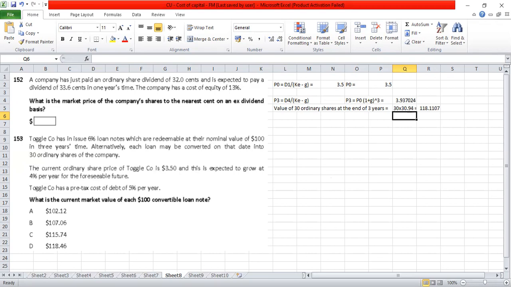What is the current market value of the $100 convertible loan note? The debt capital has two features. We see that the risk is arising on account of two things.